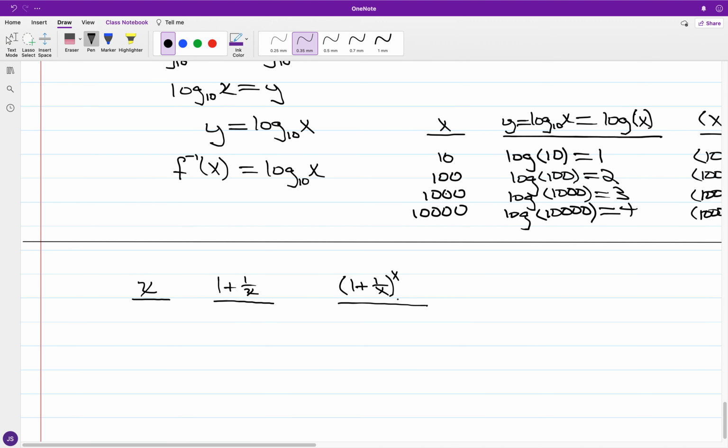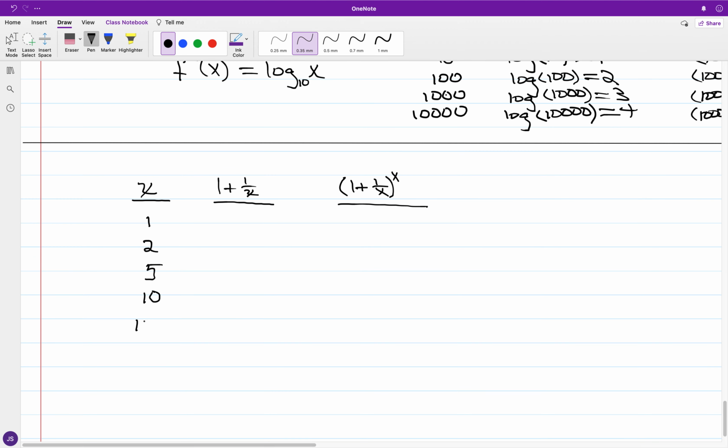And just some of the numbers here, for x, I can start off with 1, as well as 2, and also 5. Then you have 10, 100, and going all the way out to 10,000.